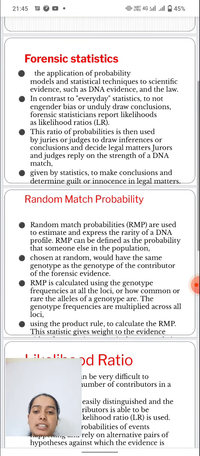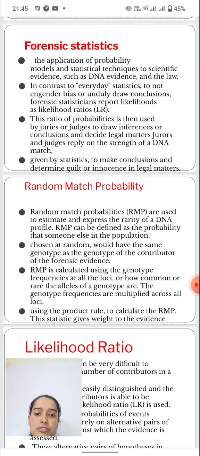Random match probability. The random match probability, short form RMP, is used to estimate and express the rarity of a DNA profile. RMP can be defined as the probability that someone else in the population, chosen at random, would have the same genotype as the genotype of a contributor of the forensic evidence.